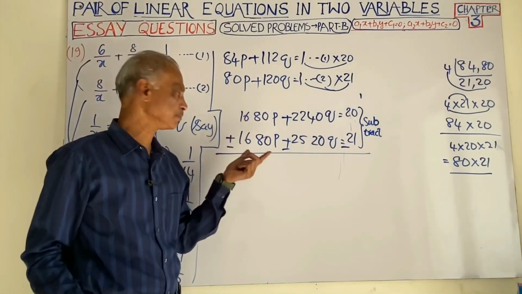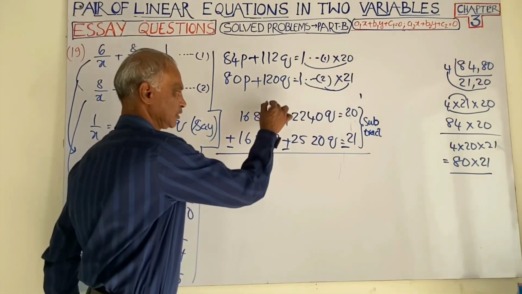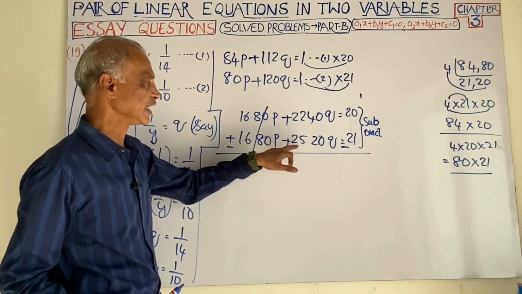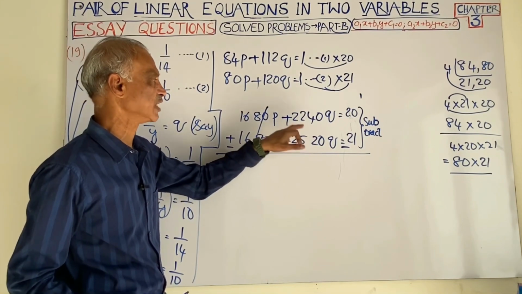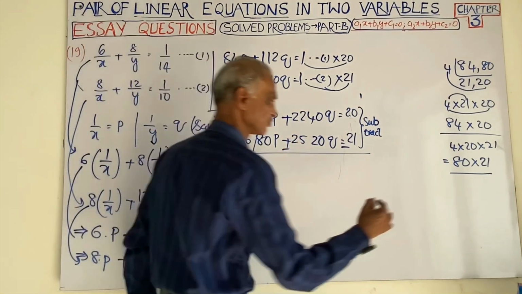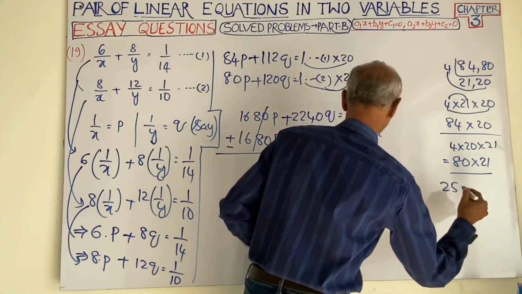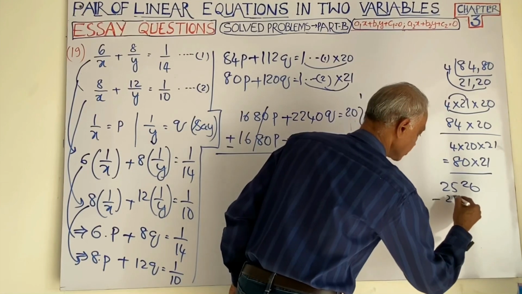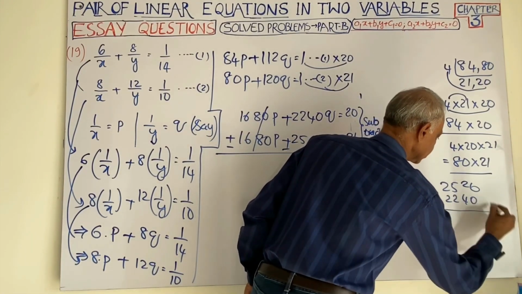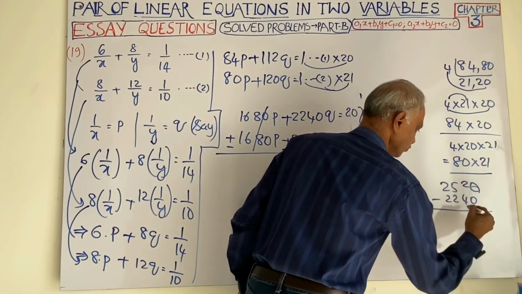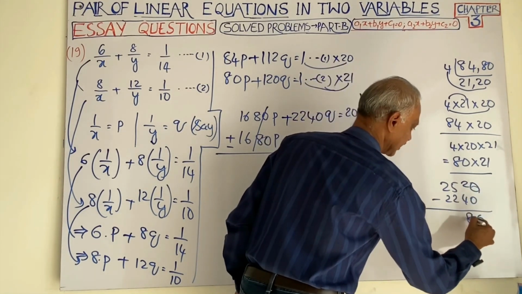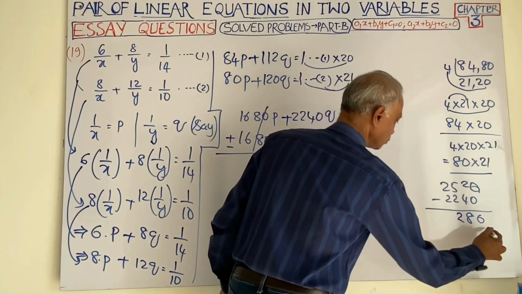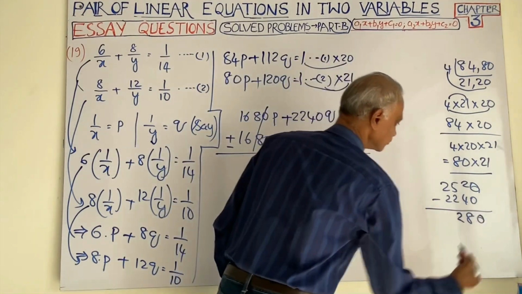1680p minus 1680p gets cancelled, and you will have 2520 minus 2240. 2520 minus 2240. 0. 12 minus 4, 8 and 4 minus 2, 2. 280.